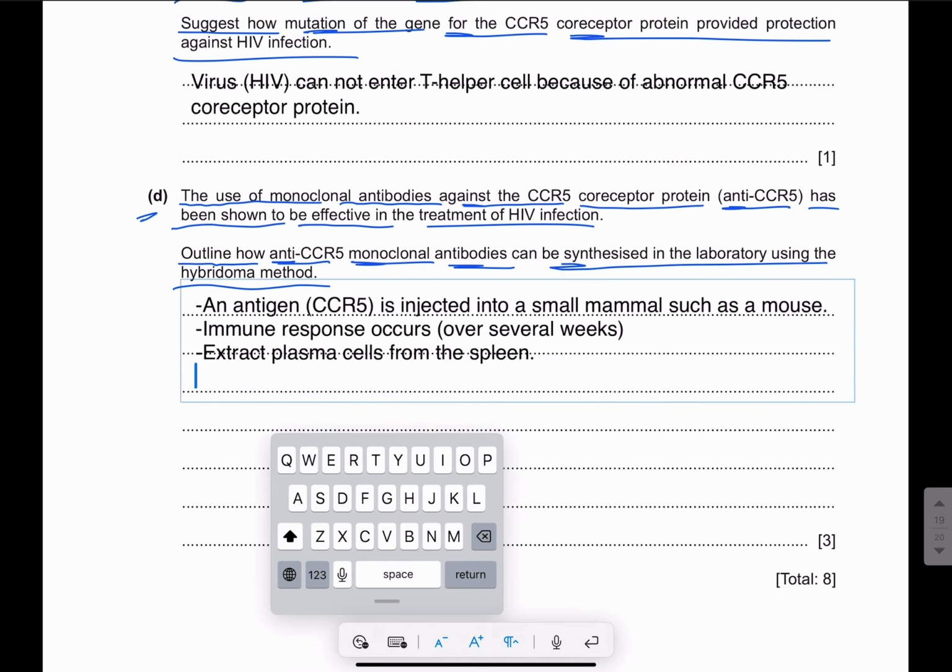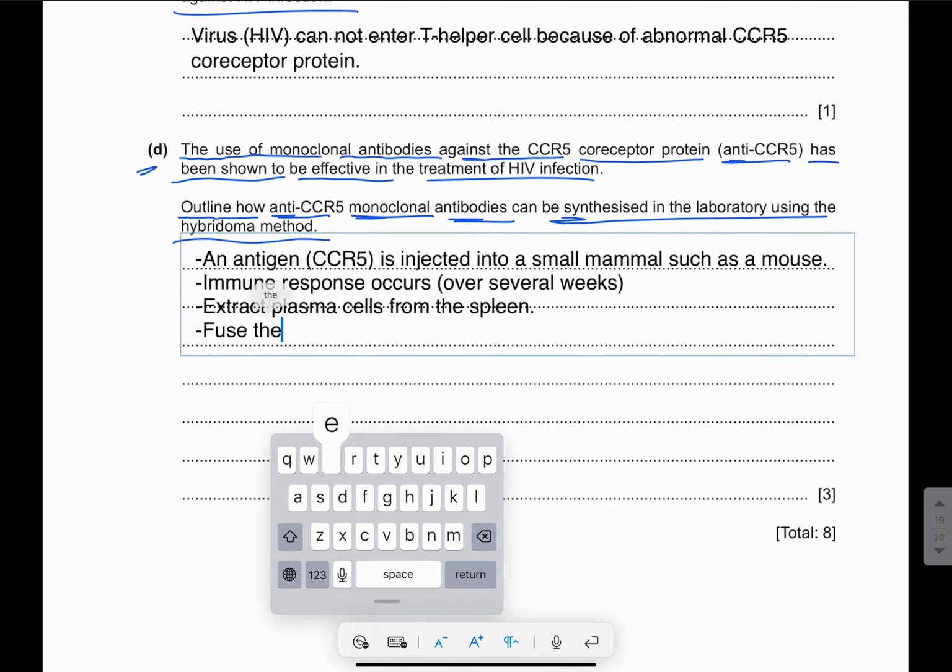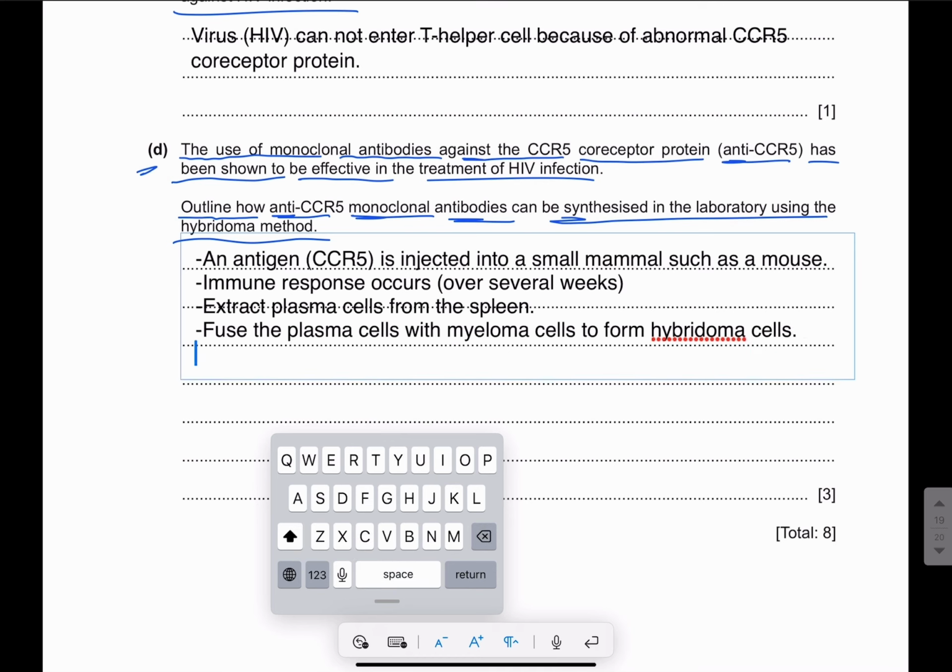and then we fuse the plasma cells with myeloma cells, that is the blood cancer cell. Fuse the plasma cells with myeloma cells to form hybridoma cells. All right.